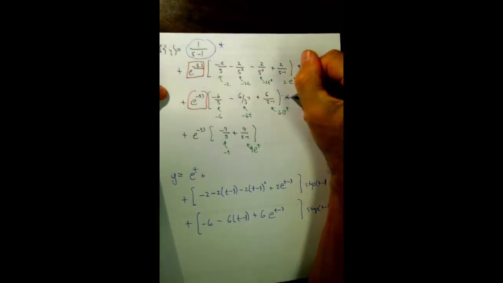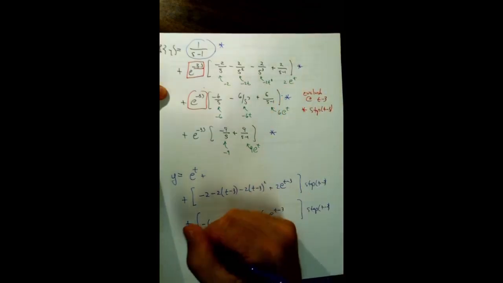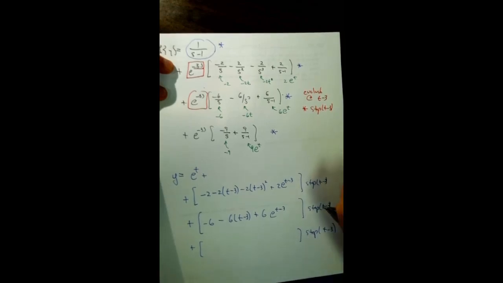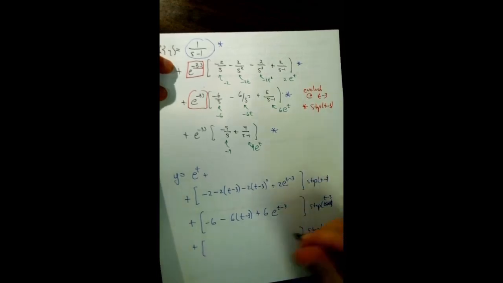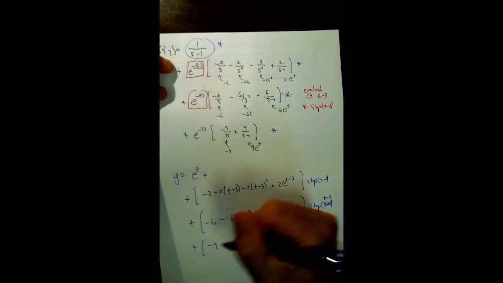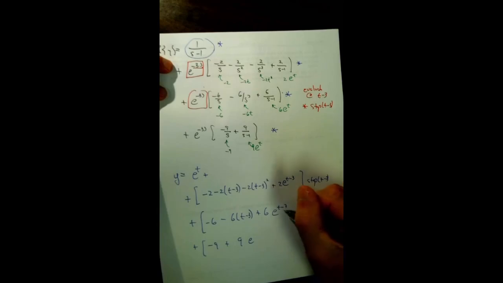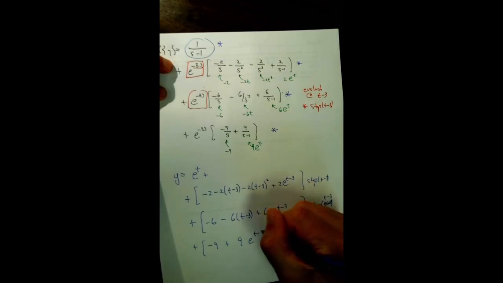So that takes care of this term. Then finally, this term is going to be something times the step function at t minus 3. There should be t minus 3 here. This becomes minus 9 plus 9 e to the t, but I have to replace the t with t minus 3.